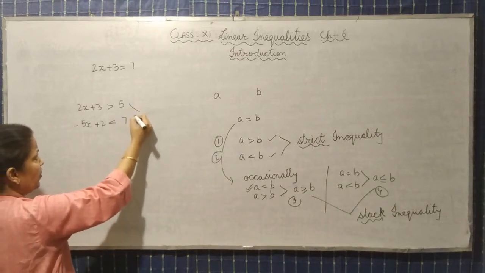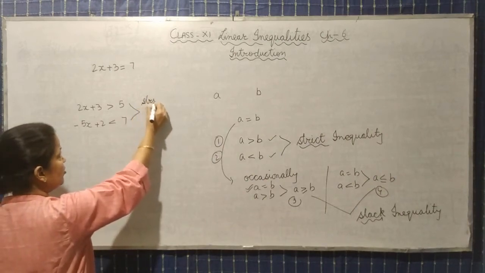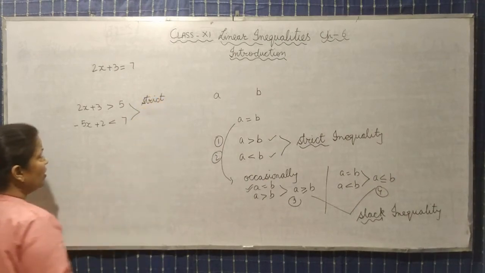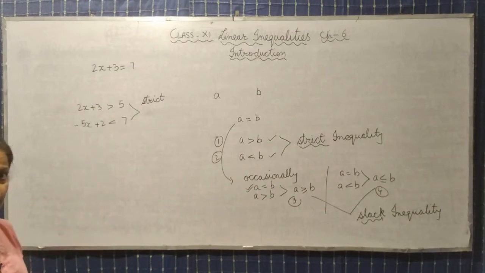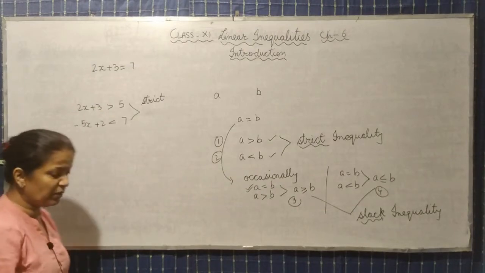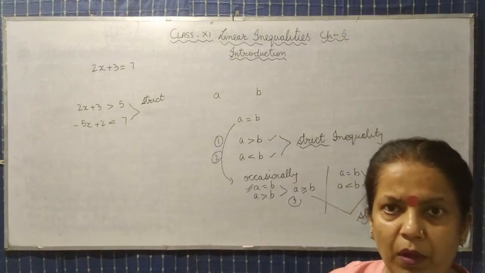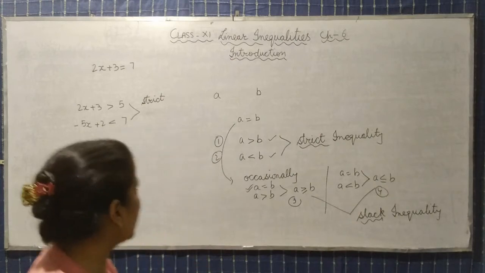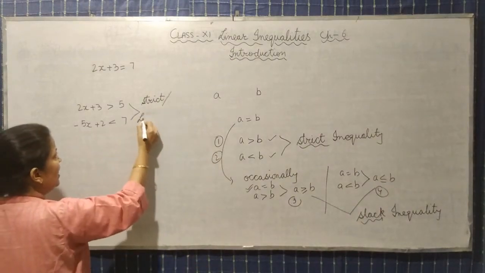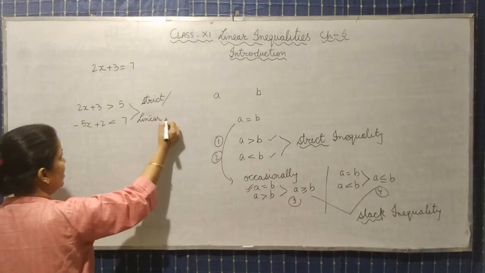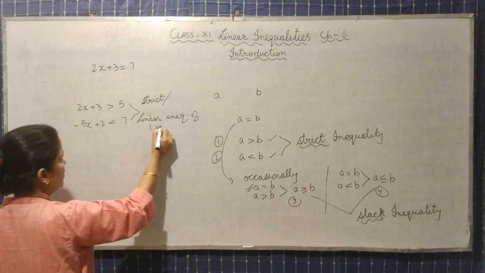So these types of inequalities are strict inequality. Since it has linear terms, linear means it has variable having one power. So this type of inequality is also called linear inequality of one variable.